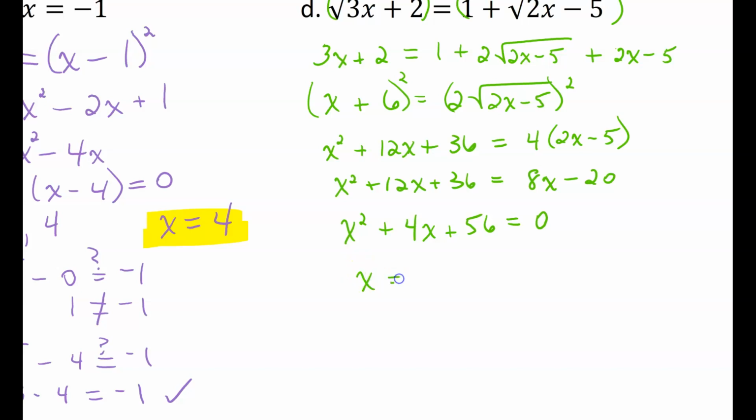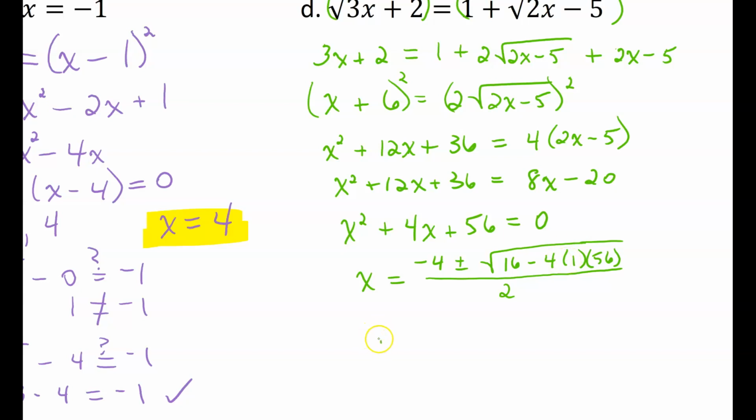So I get x equals negative b, so that's negative 4, plus or minus the square root of b squared, so that's 4 squared is 16, minus 4 times a is 1, times c is 56, all over 2 times 1, which is 2. And then I'm looking at that discriminant, and I'm seeing that I have a negative discriminant.